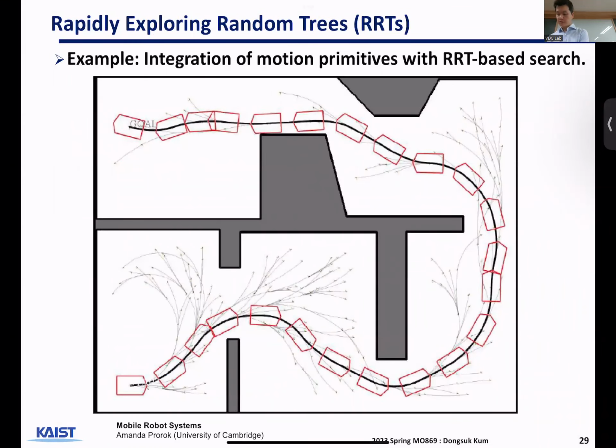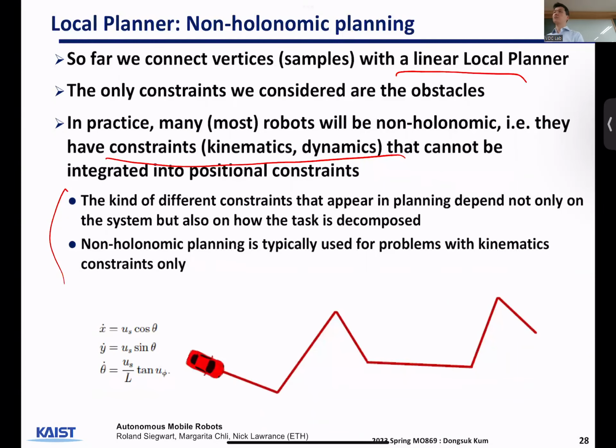So for instance, we introduced you to RRT, rapidly exploring random tree. But what if your robot was a non-holonomic robot or vehicle? Then you might want to consider using a local planner connecting these vertices instead of a linear local planner.